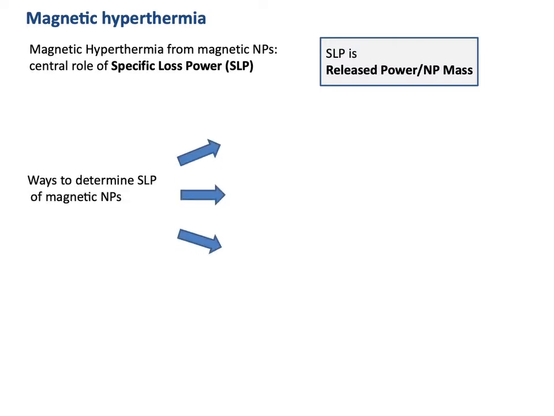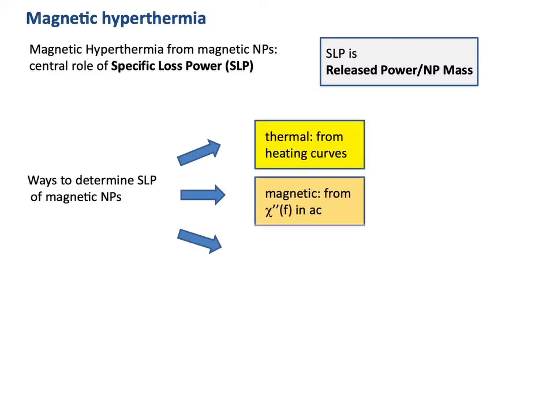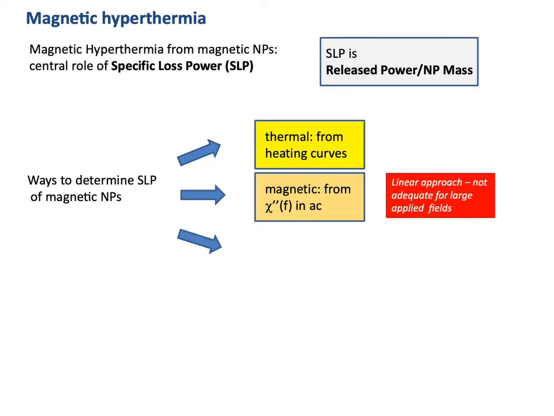There are several ways to determine the specific loss power. The first one is thermal, from heating curves. Then it can be magnetic, by recording the magnetic susceptibility as a function of frequency in AC.